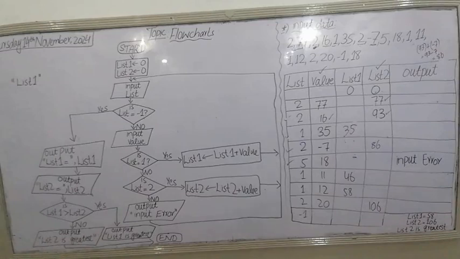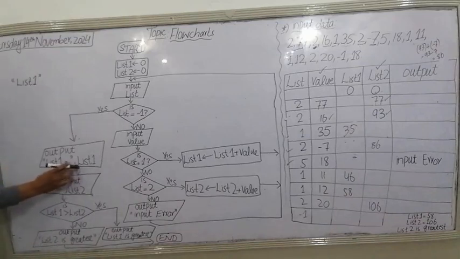So you can see here it's written list1 is equals to 58, but in the output box, it's written like this, list1, and we are separating it by putting the comma here, and list1.